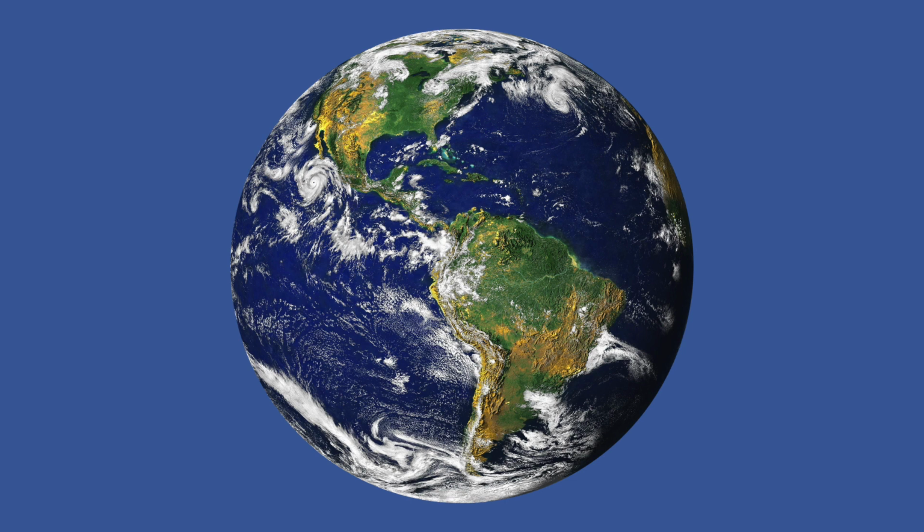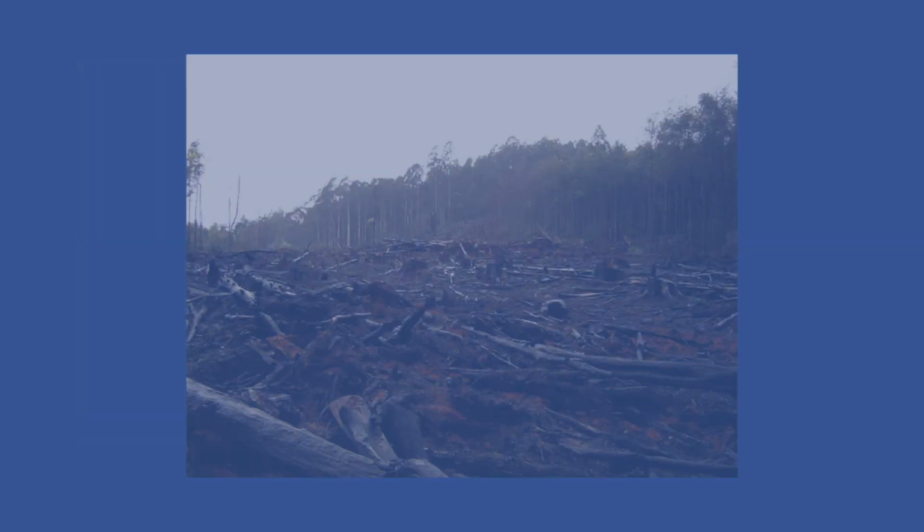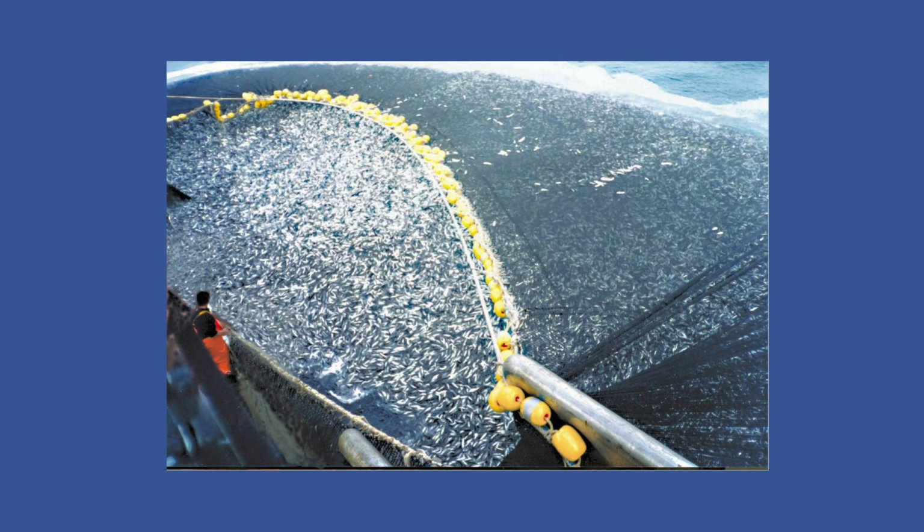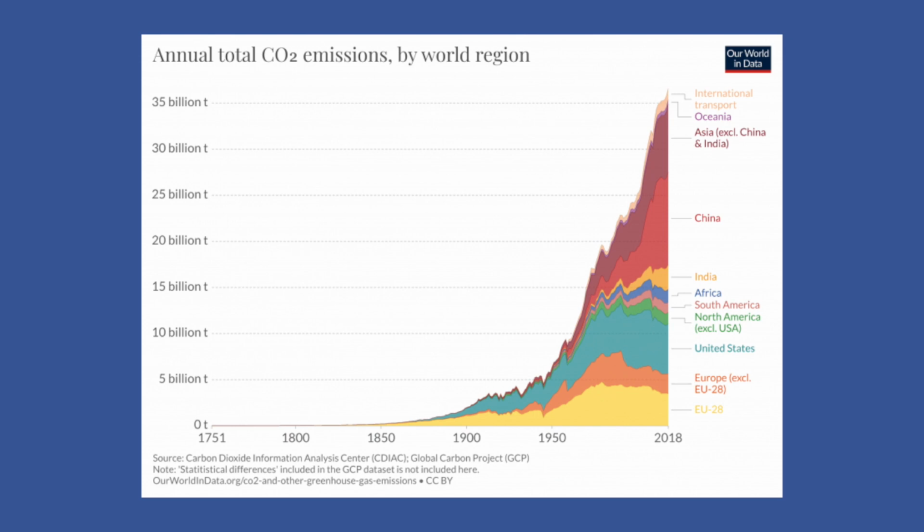Now, I'm not going to go in depth on each mass extinction in this video, but I bring them up because of where we are right now, specifically with the state of Earth. Due to human activity, from burning fossil fuels to deforestation to overharvesting, we are witnessing unprecedented change to the natural order.